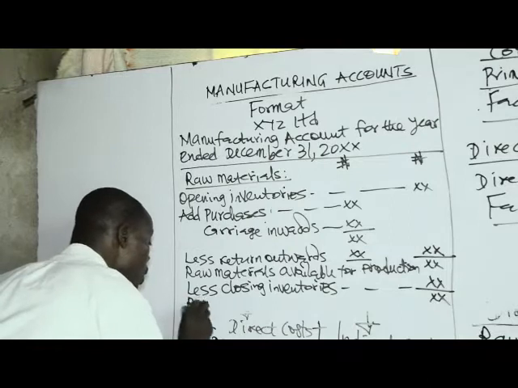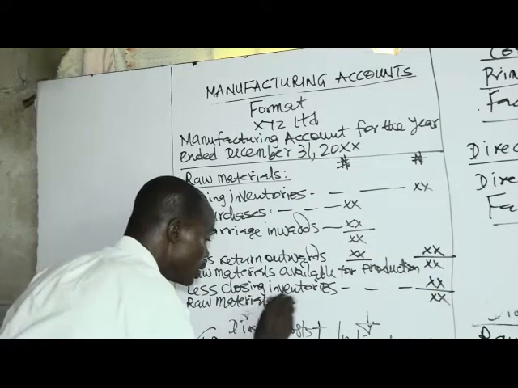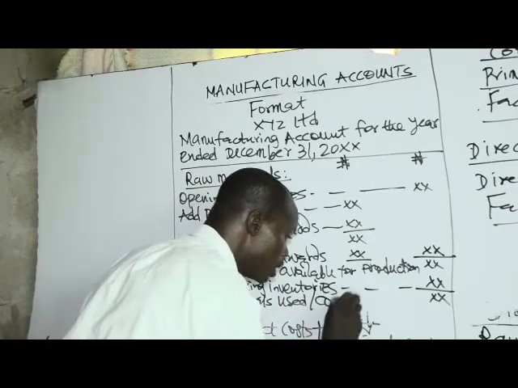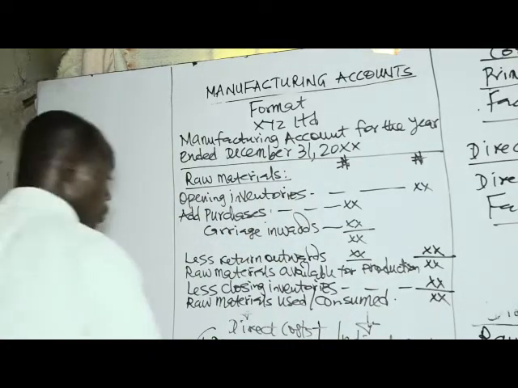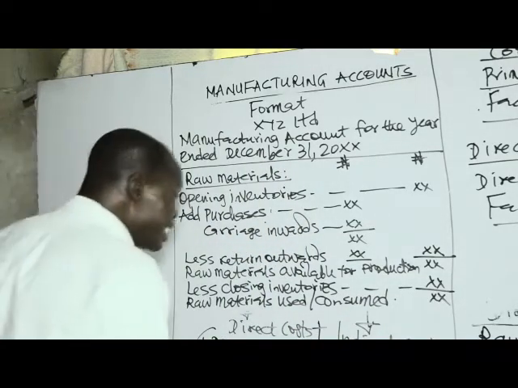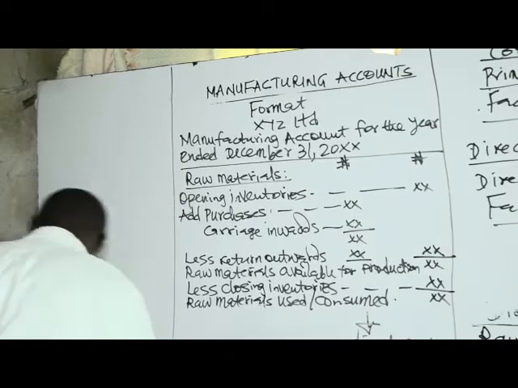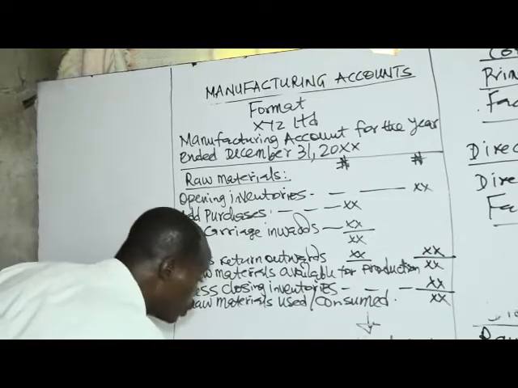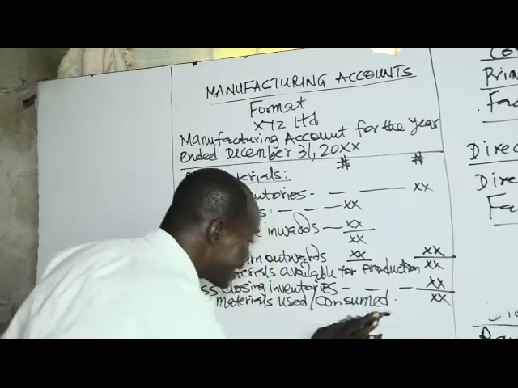Raw materials used in production or raw materials consumed. You either call it raw materials used or raw materials consumed. Now, this is your direct material. By the time you get your raw materials used or consumed, that means you have got your direct materials.